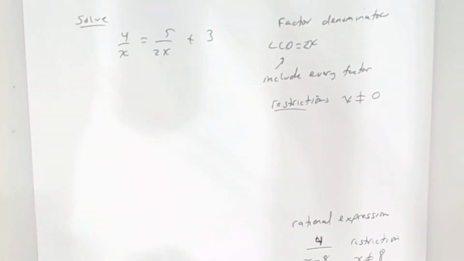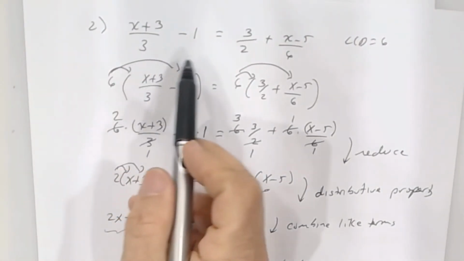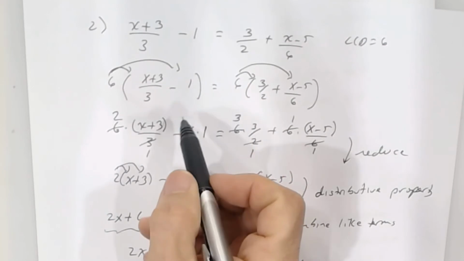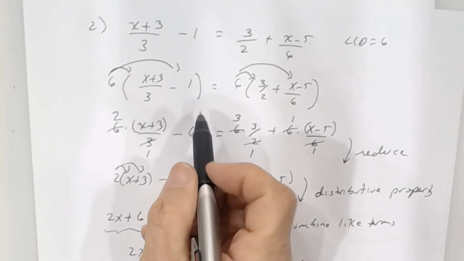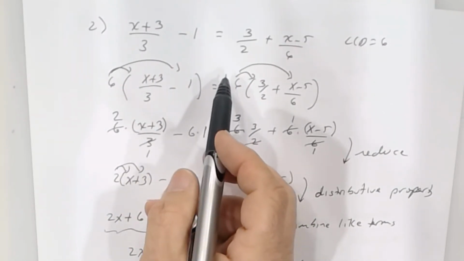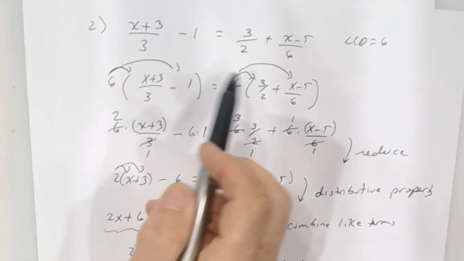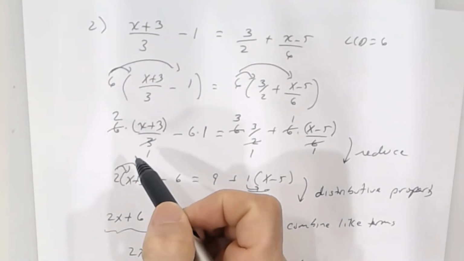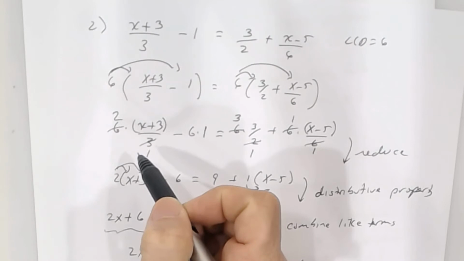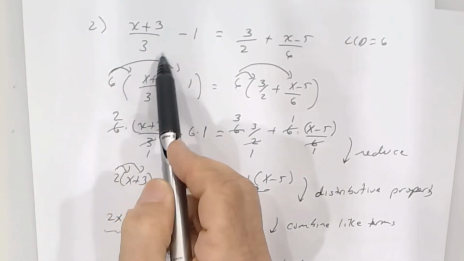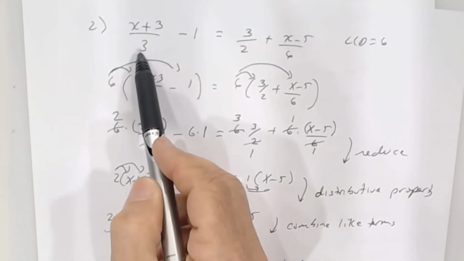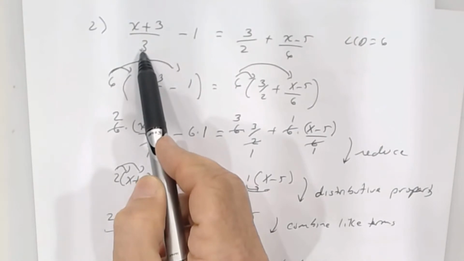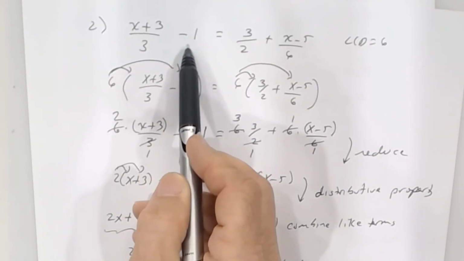All right, so notice when we did these, did I say anything about what are the restrictions? No. But these are rational equations, right? Why is it that I didn't say anything about restrictions here? They didn't have a variable in the denominator. Is this denominator ever going to be 0? No, it's always going to be 3. Is this denominator right here ever going to be 0?